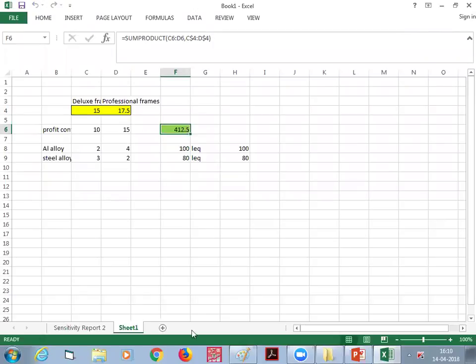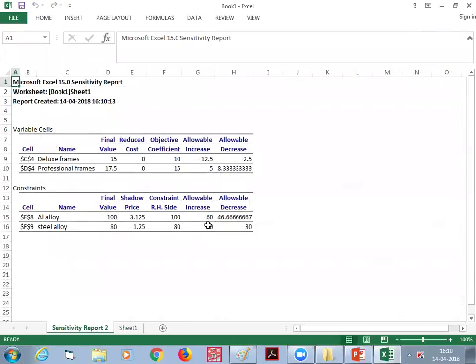Okay. Now let's go to our sensitivity report. So the optimal values are here.